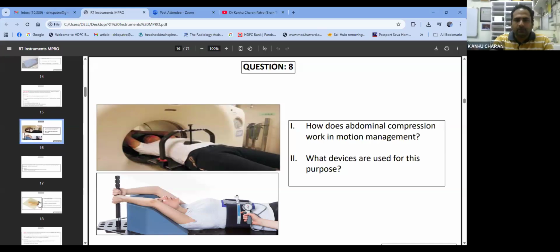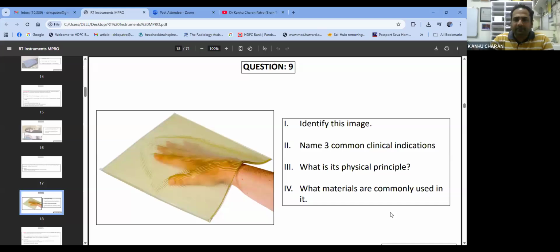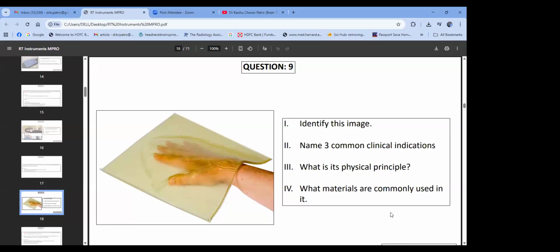Okay. So next question. Identify the image and discuss the physics principle and common clinical indications and the materials used. So this is a bolus, sir, which is a tissue equivalent material which is placed on the skin surface to eliminate the skin sparing effect and bring the dose closer to the skin.